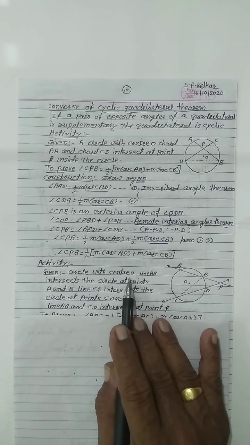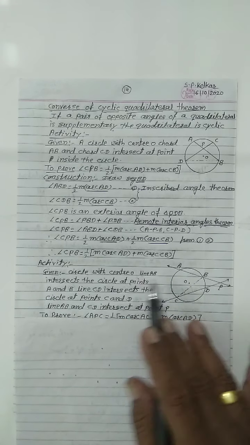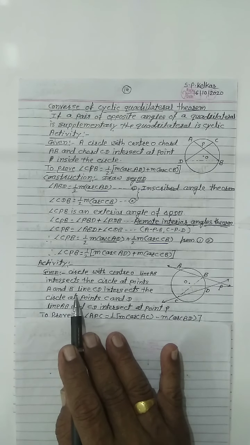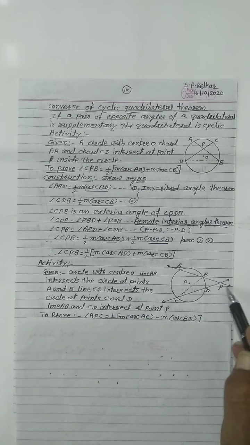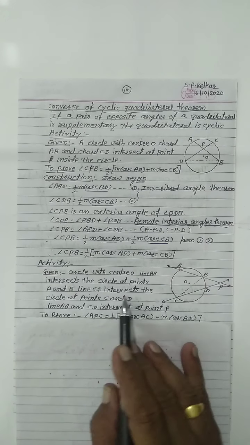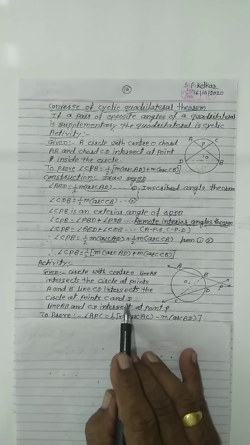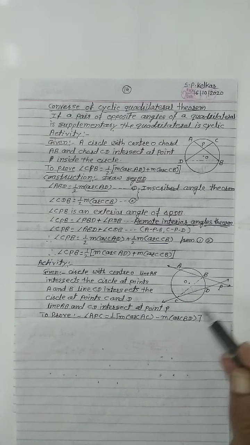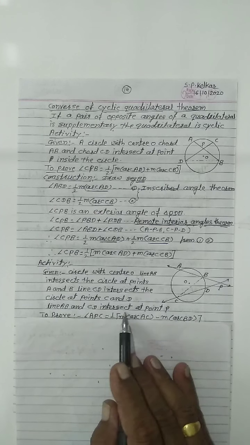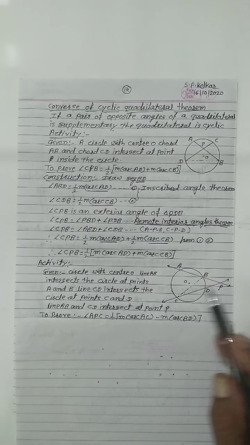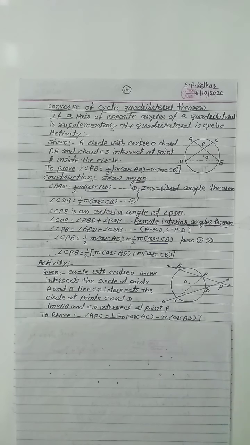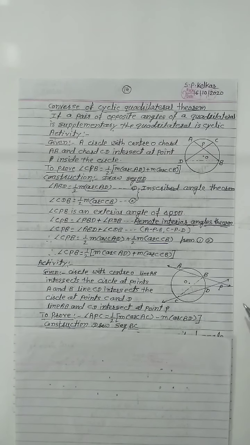A circle with center O, line AB intersects the circle at points A and B, and line CD intersects the circle at points C and D. Lines AB and CD intersect each other at point P, which is outside the circle.